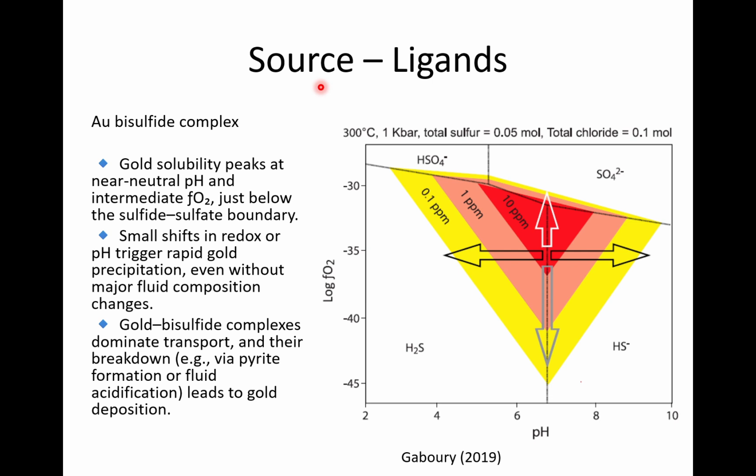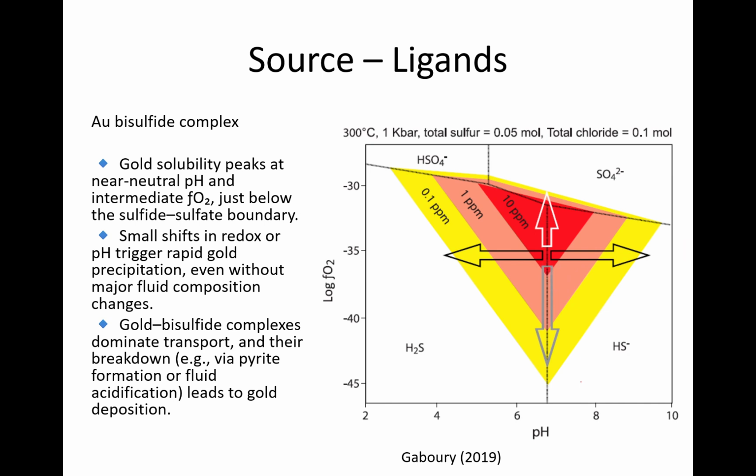Before moving on from source to transport, let's talk about the importance of gold bisulfide complexes in gold solubility. This figure is from Gaboury 2019, a log fO2-pH diagram showing the solubility contours of gold bisulfide complexes in hydrothermal fluids, and it illustrates how variation in redox condition and pH influences gold solubility and precipitation in orogenic gold systems.